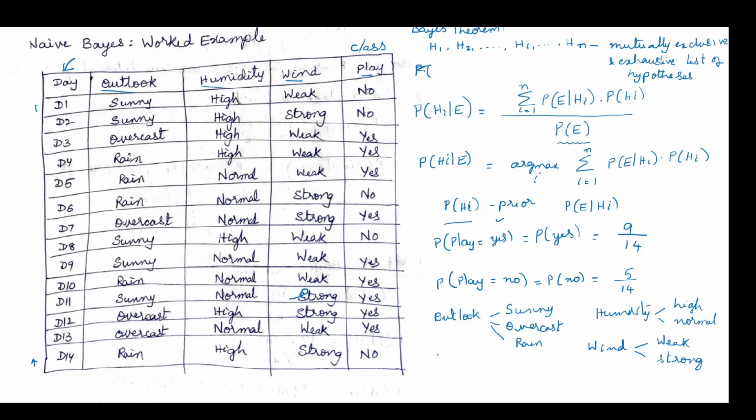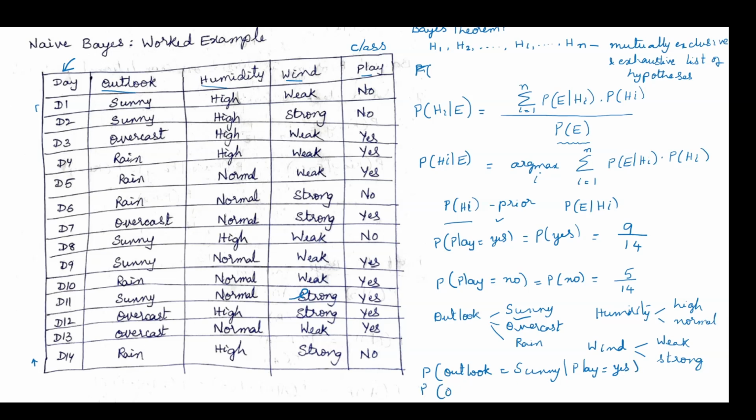For instance, probability for outlook equals sunny given play is yes.